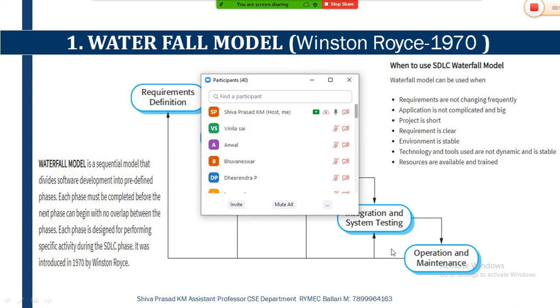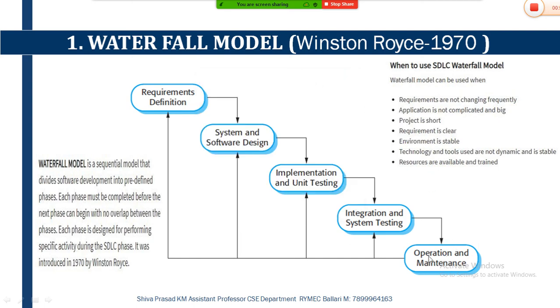After getting the output of the fourth phase, we will be moving towards the final phase, which is nothing but operation and maintenance. Operation and maintenance is a process where we can update the system for the future.